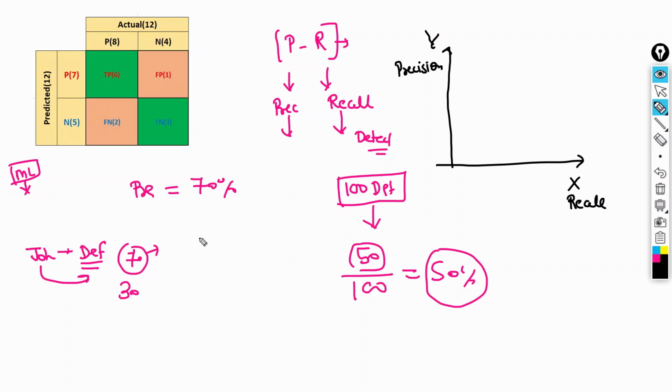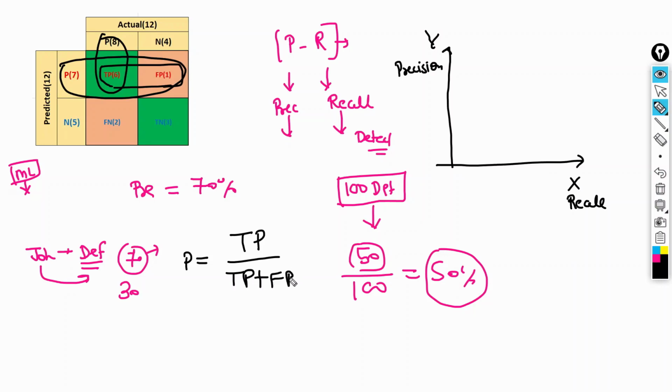The precision formula is this: true positive divided by the total predicted positive. These are all the positive cases I detected, and of these, the correct ones are the true positives. It means TP divided by TP plus FP.